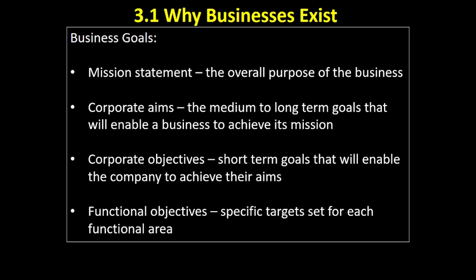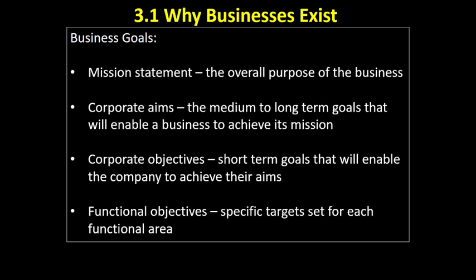AQA seem to have moved away slightly from that, covering everything under the banner of objectives. But I think it does help your understanding of this topic to differentiate between a mission statement, an aim and an objective. So I'm going to quickly go over that now.